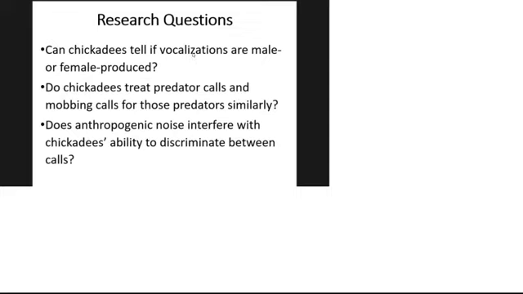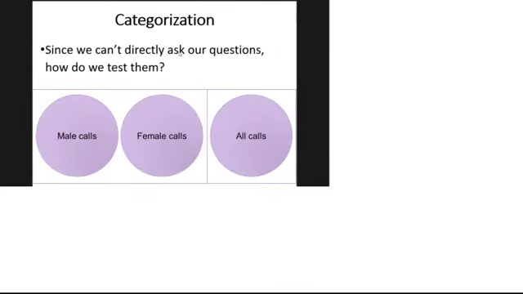So I'm going to talk a little bit about how we can set that up. Because I've hinted at this before, when you work with non-human animals, it is very, very difficult to ask a direct question. Instead, we have to rely on the idea that they would behave in this particular way if they have this particular understanding. So in our male versus female calls, let's think about categorization: treating similar stimuli the same, generalizing to similar stimuli, and discriminating between dissimilar stimuli.